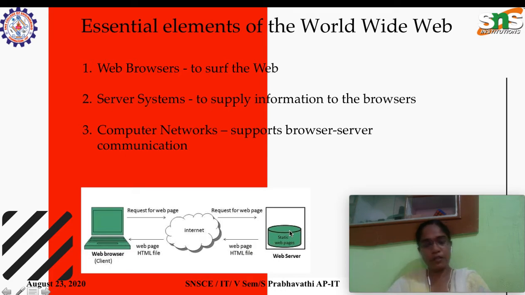The server replies with the information to the client, and in the client machine we have the web browser to render the information that was sent by the web server.